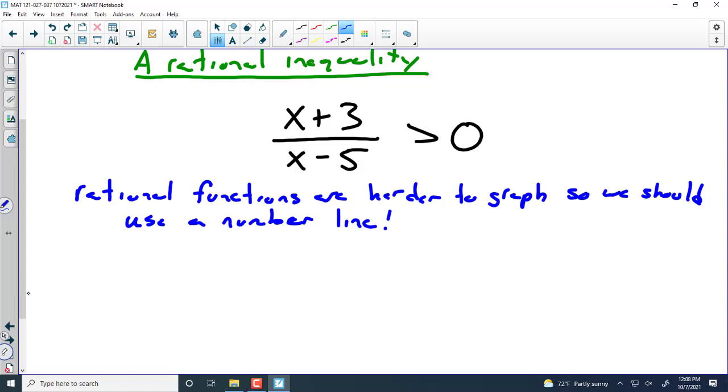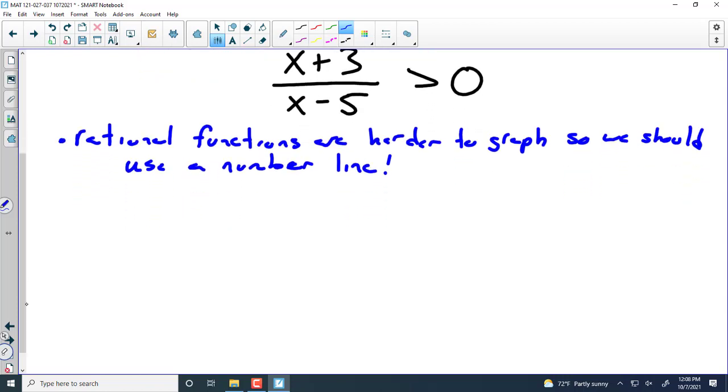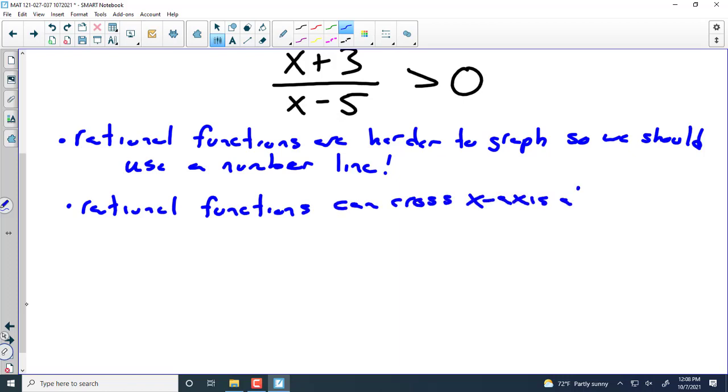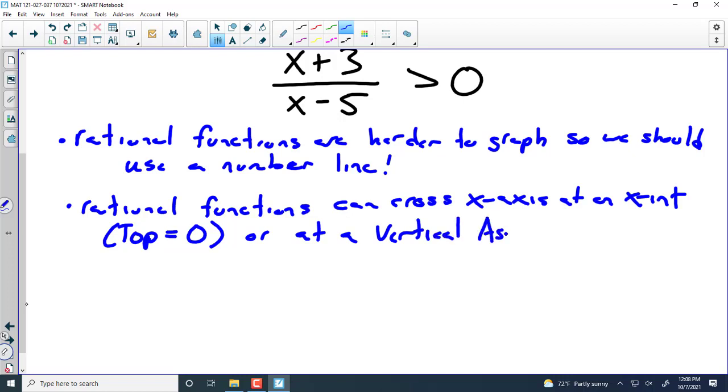And here's the most critical difference between doing these problems with a polynomial and doing them with a rational function. Rational functions can cross the x-axis at an x-intercept where the top equals 0, or at a vertical asymptote, which is where the bottom equals 0.